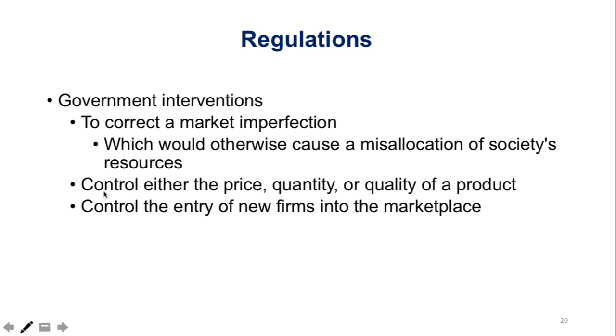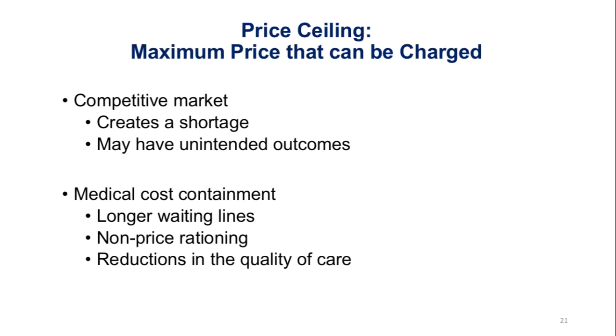So the government can control the market either by setting the prices or restricting the quantity or the quality of the product. Or the government can control the entry of new firms into the marketplace, setting up barriers like patents or licenses.